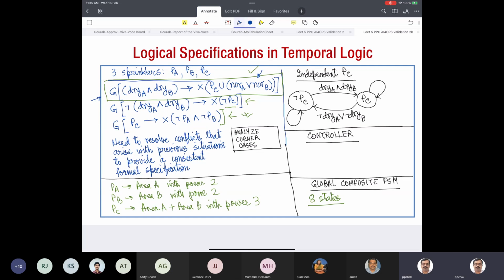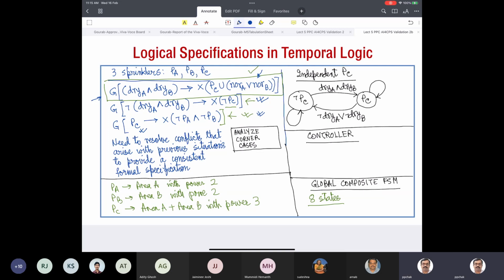We also said that if both are not dry, that means at least one of them is normal, then the third sprinkler is off. And if the third sprinkler is on, then the first two sprinklers are off.